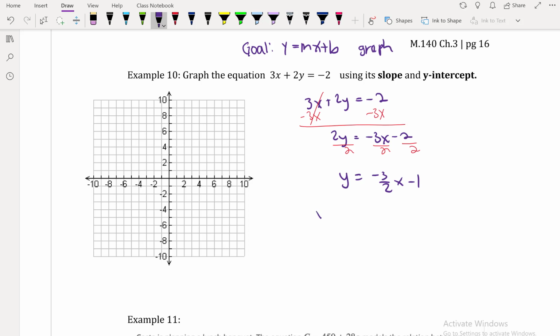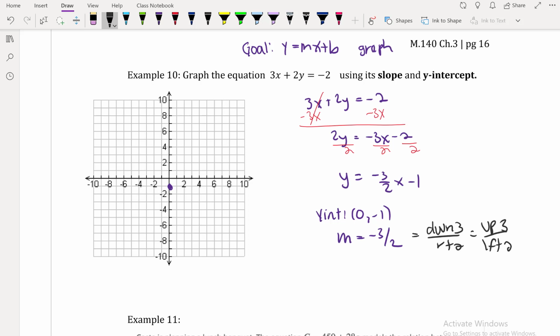So now I know that my y-intercept is 0, negative 1, and my slope is a negative 3 halves. So my slope tells me to go down 3, to the right 2, or up 3, left 2. And so that's my graph.